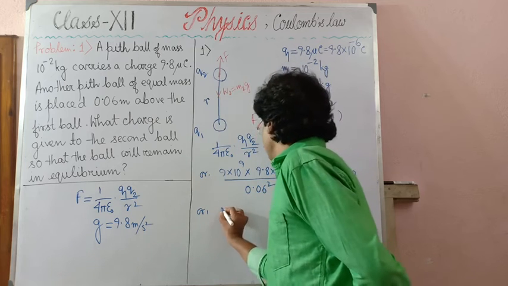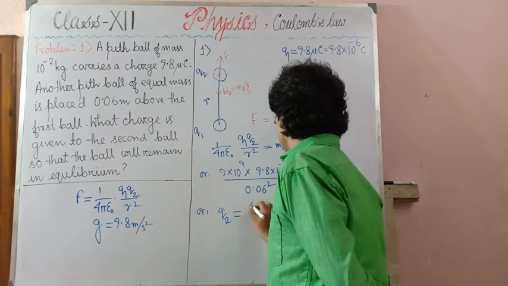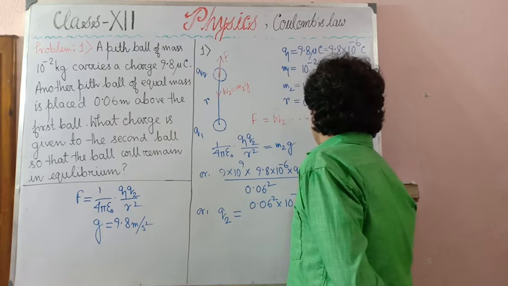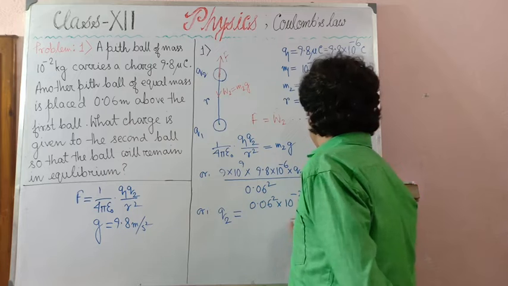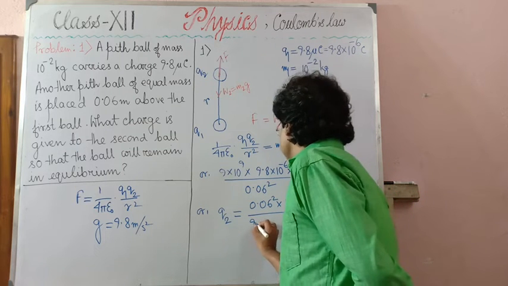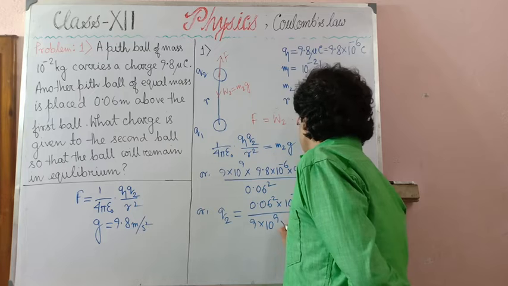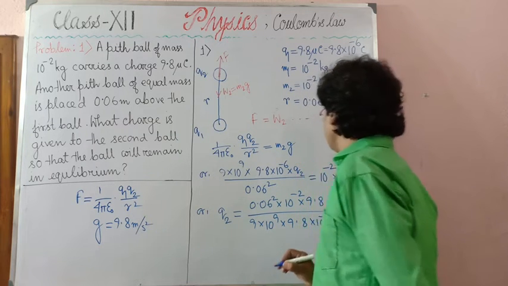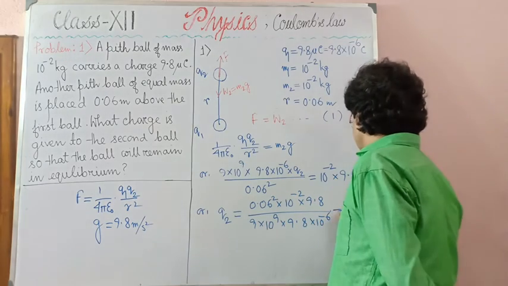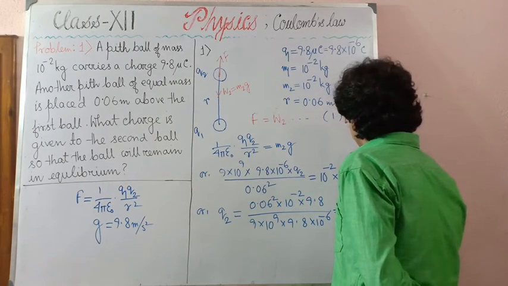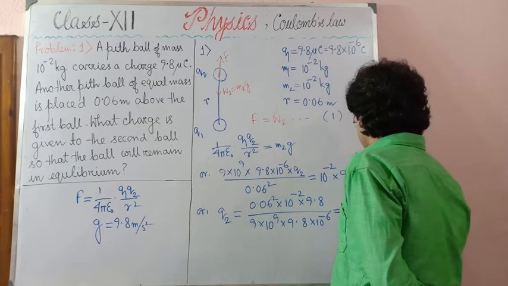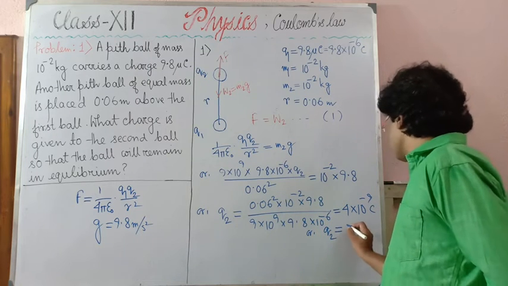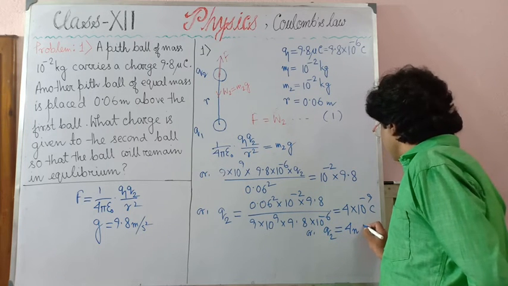Or Q2 equals 0.06 square into 10 to the power minus 2 into 9.8 by 9 into 10 to the power 9 into 9.8 into 10 to the power minus 6, equals 4 into 10 to the power minus 9 Coulomb, or Q2 equals 4 nano Coulomb.